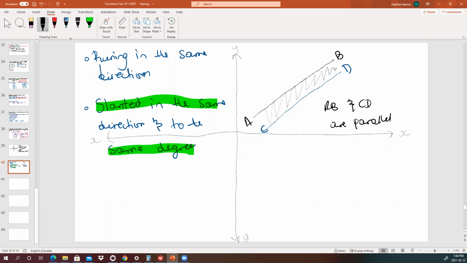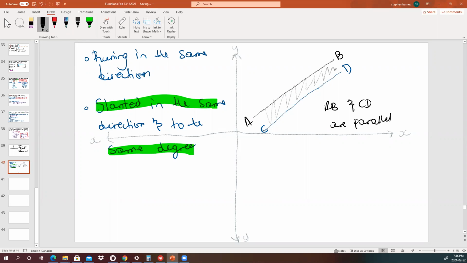Now, why is this important and why are we spending time on it, right? When you plot two lines on a graph, and they are parallel, there is one important piece of information that you can derive from just the fact that they are parallel.